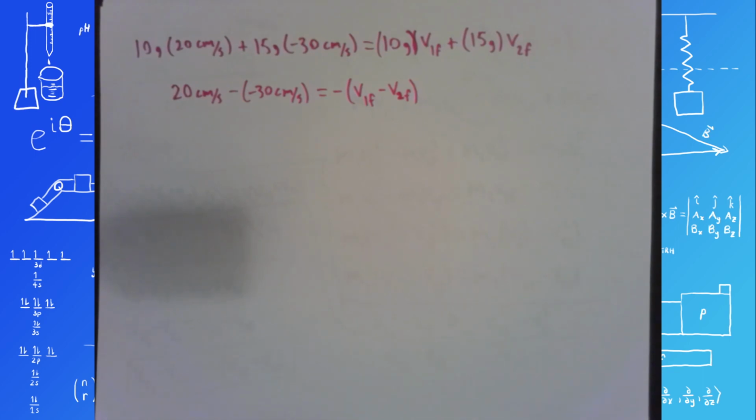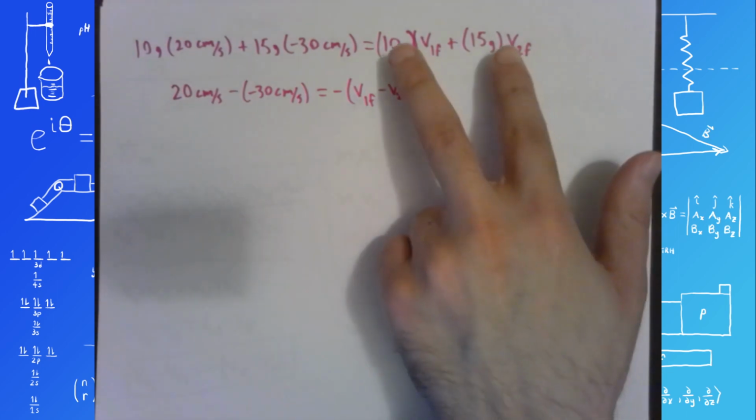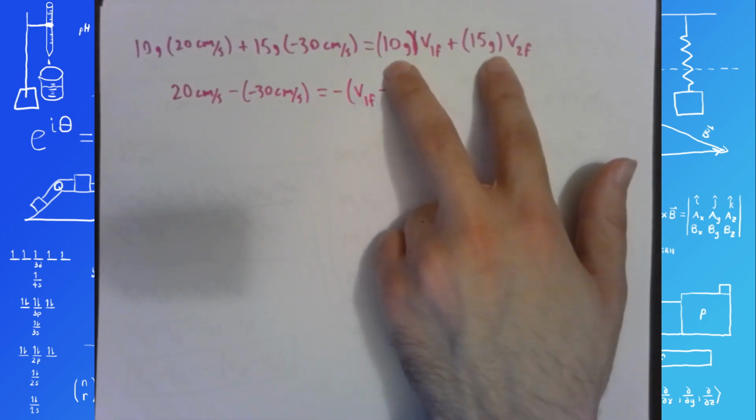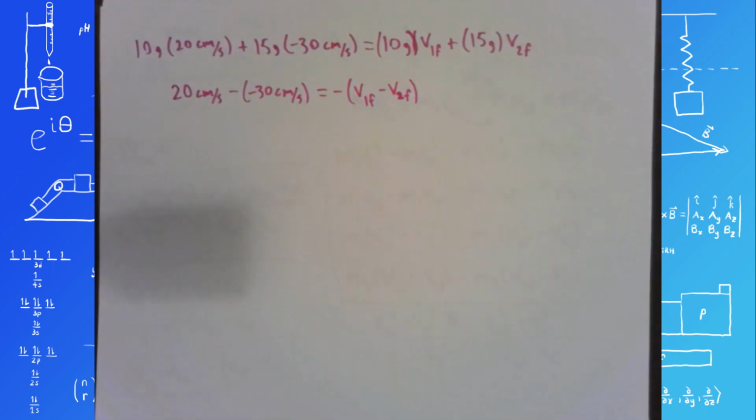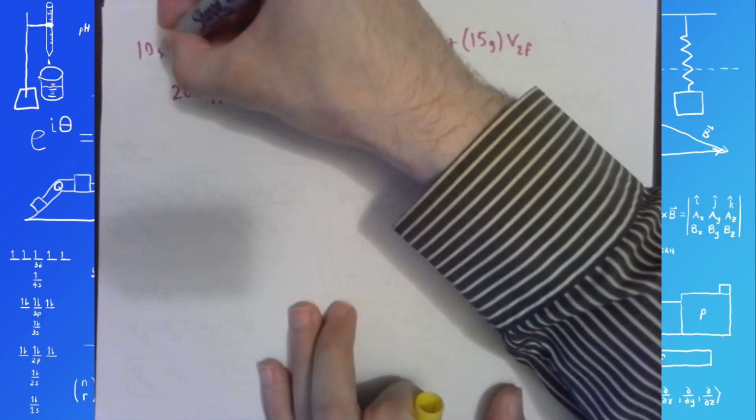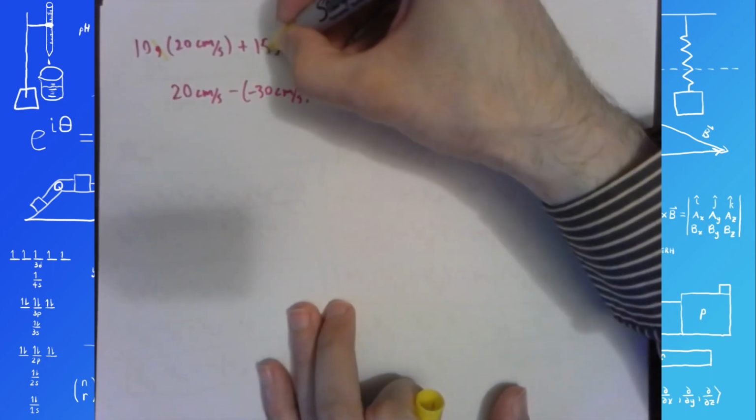Alright, let's see why we can get away with just using the units that they gave us this time around. I can divide everything by grams, so we can already see that the grams are canceling out.